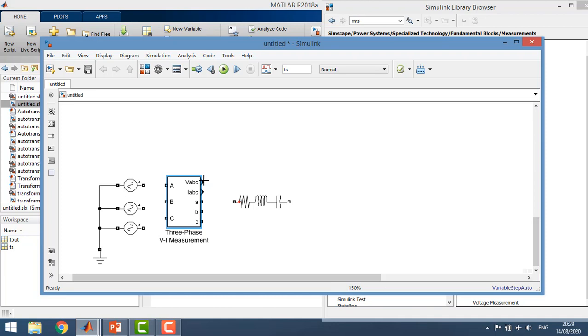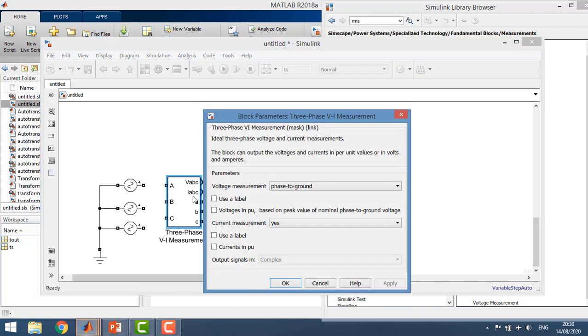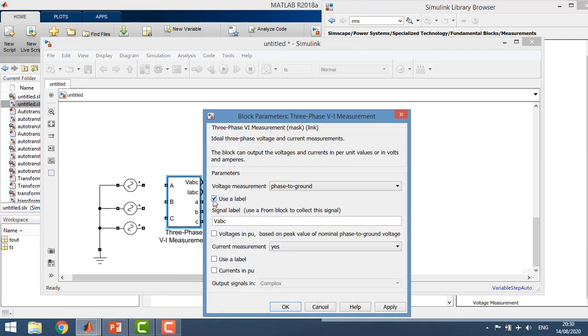It's either to let the measured voltage and current output with ports, so that we can wire that to a scope or whatever place we want to take the signal to, or we can use labels basically for voltage, and we can name the label.